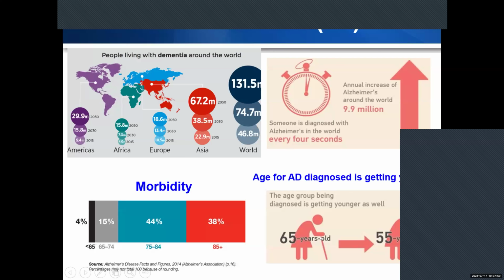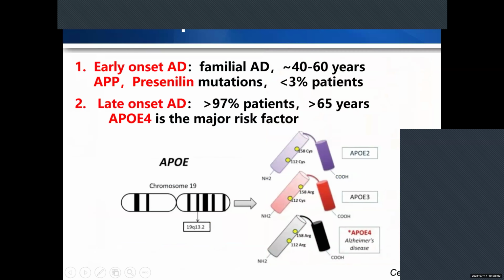Before this decade, the age for AD was around 65 years old, but now it's getting younger, like 55. The reason is not clear. So why do we study this, and how do we study this, especially the non-coding RNA, AD, and brain aging?